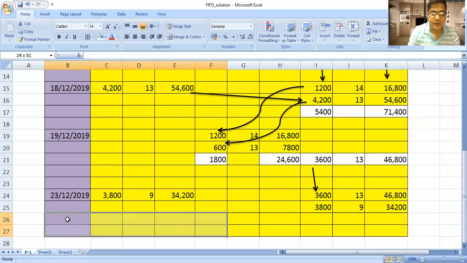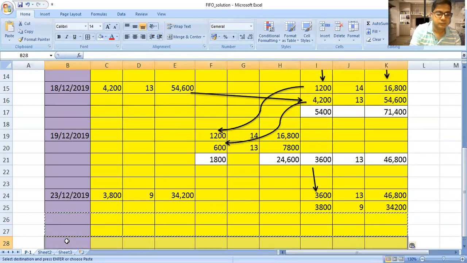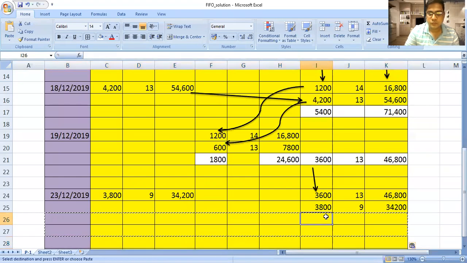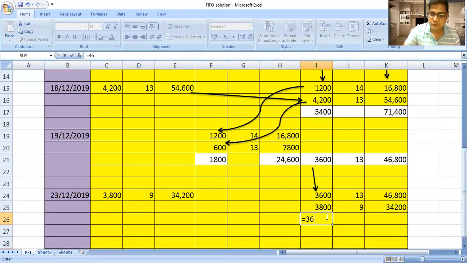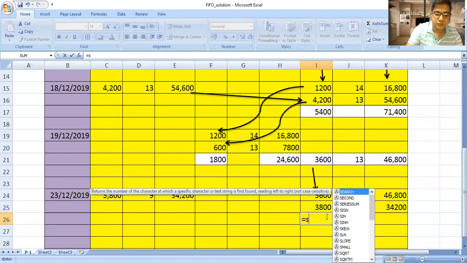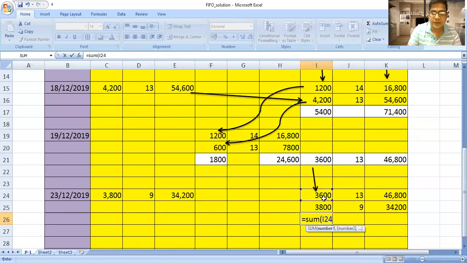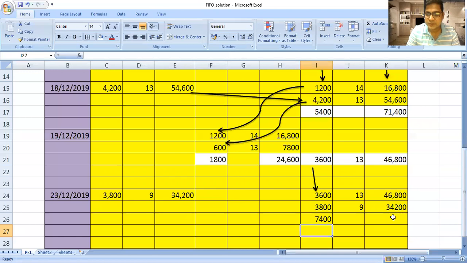Now friends, we have to find out the total. Sum of 3,600 plus 3,800, total is 7,400. What about the value?